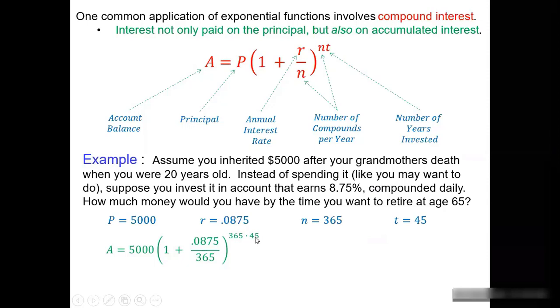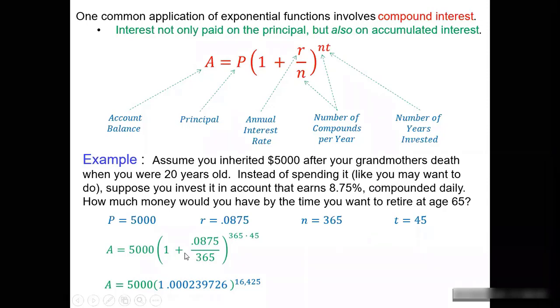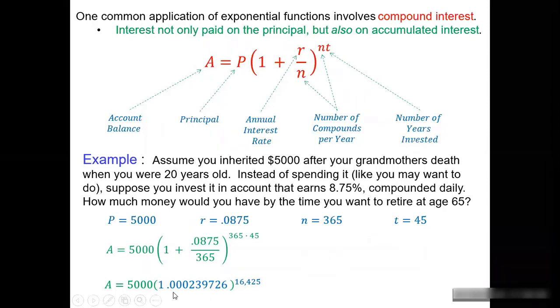And now it's a matter of just applying the order of operations. So let's start off by taking 0.0875 divided by 365 on your calculator. And if I add 1, I now get 1 point this decimal. Now we're going to write quite a few decimal places here, because we should realize that now our exponent is 365 times 45.